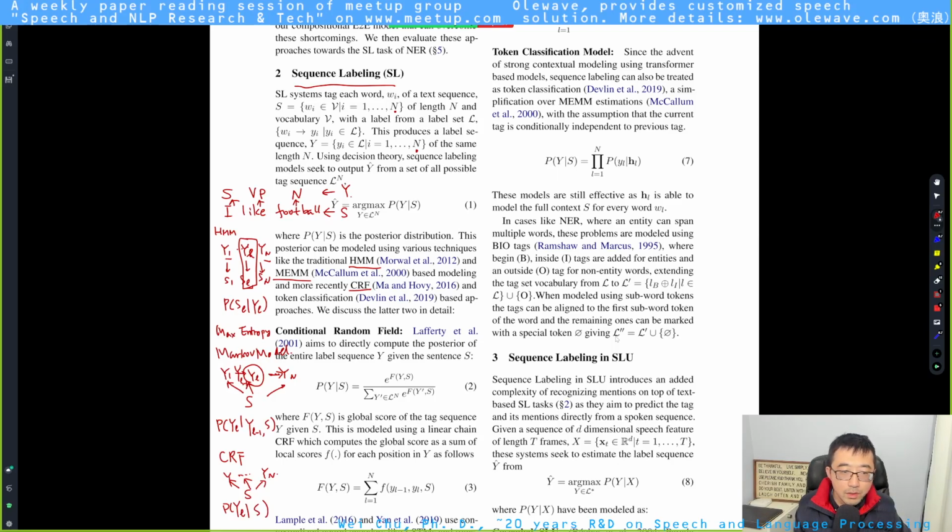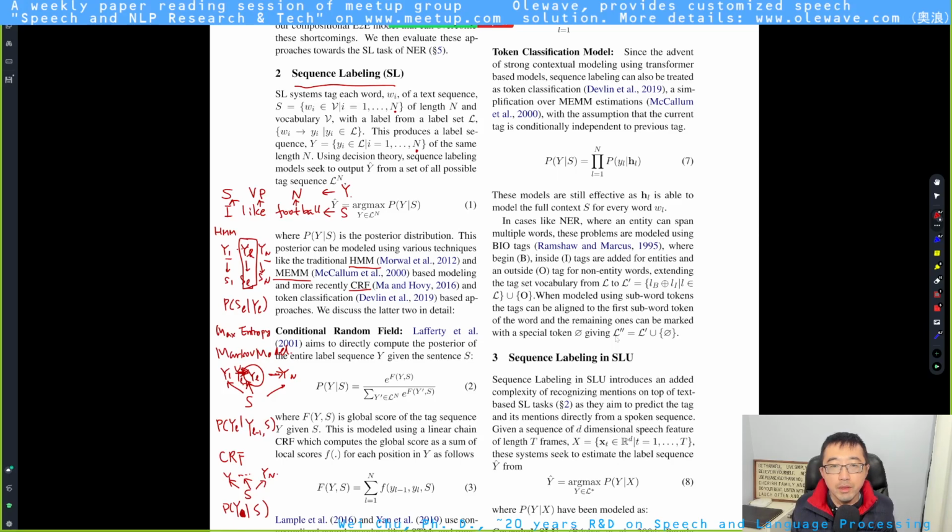It doesn't say YL depends on YL minus 1. It completely relies on S. Maybe I was not very accurate about this, but I think it's like this.